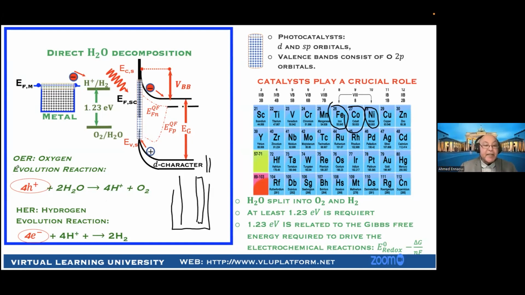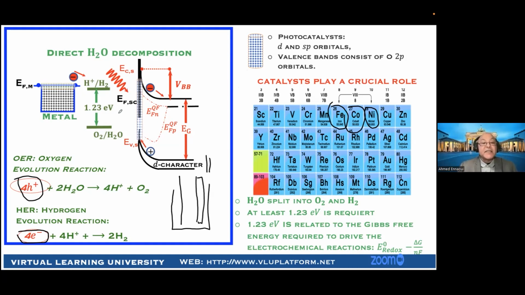I show you here the evolution reaction for oxygen, which exchanges 4 protons, 4 holes, and the evolution reaction for hydrogen is also a multi-electron exchange. So that's how it is. And what is activated here is the catalyst.